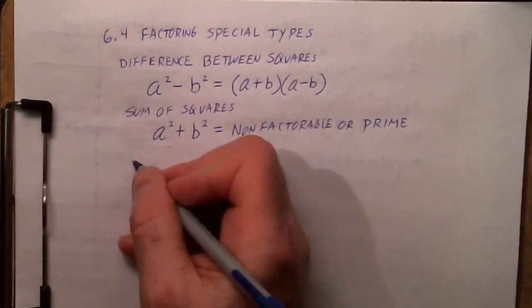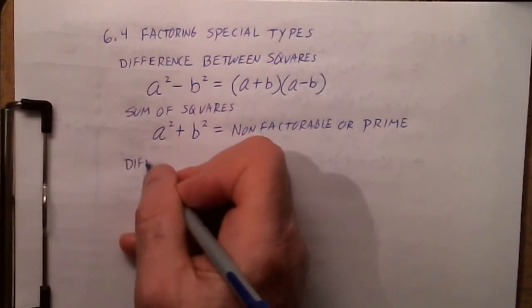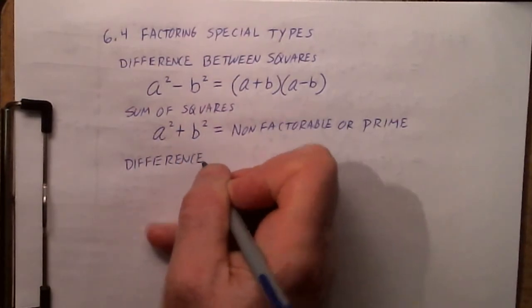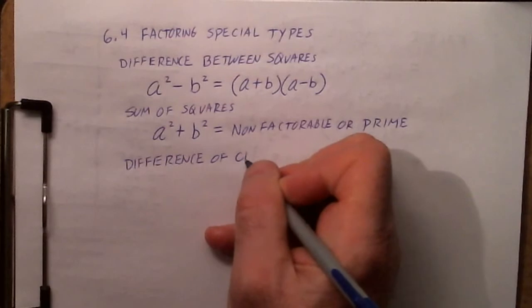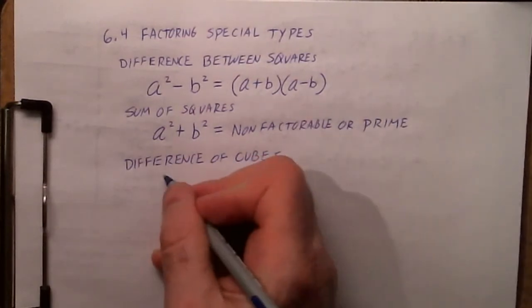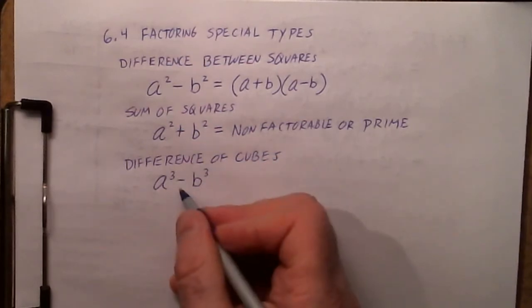All right. Another special type of binomial we will touch base with factoring is called the difference of cubes. The difference of cubes looks like this in general. Difference means subtraction.